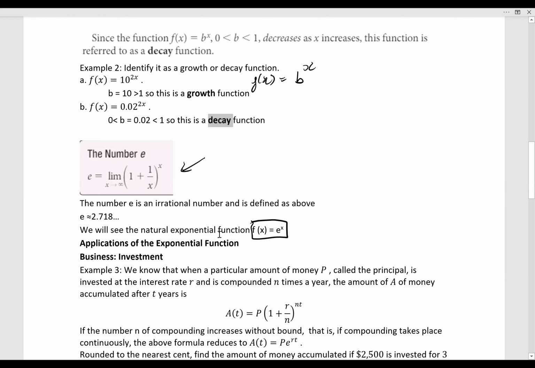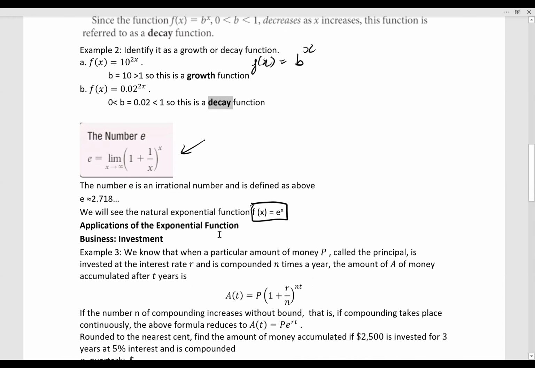And what is an application of the exponential function? Let's talk about what the application of exponential functions in business is. We'll talk about investment.